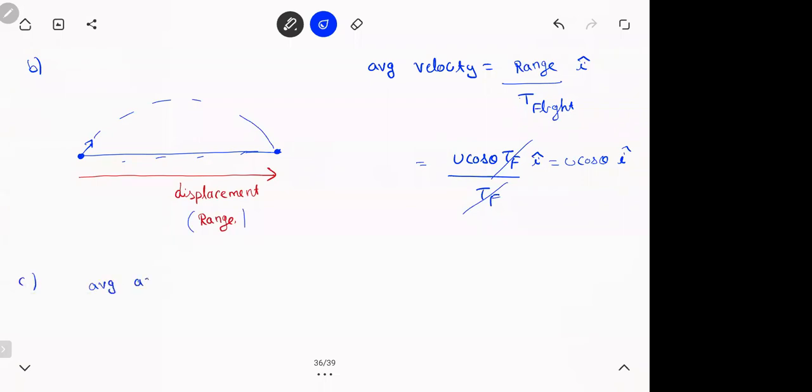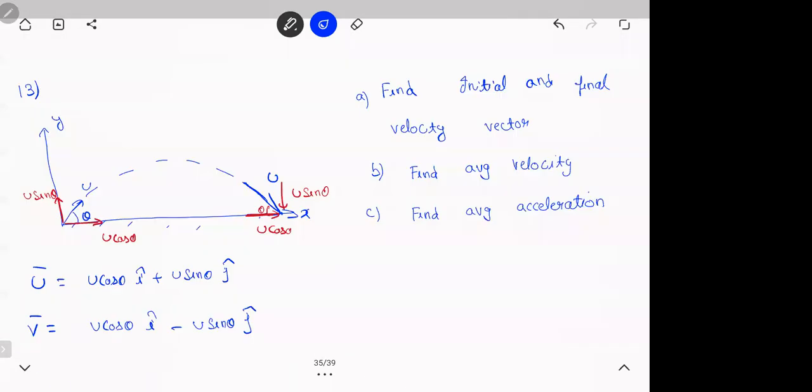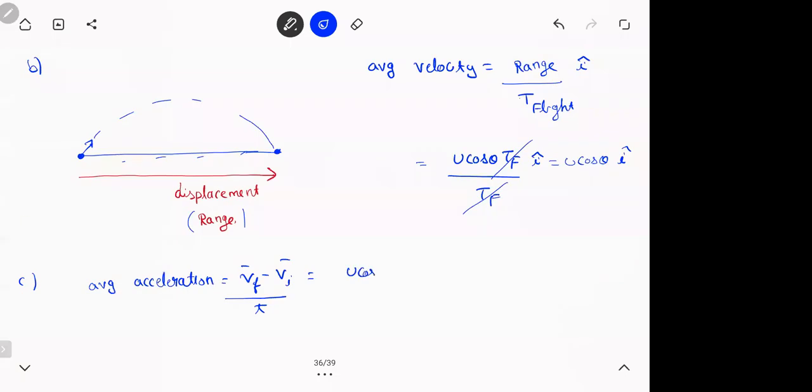Average acceleration is final velocity minus initial velocity by time. We have done all this in 1D. What is V final? We just derived it: u cos theta i cap minus u sin theta j cap. This is the final. Minus u cos theta i cap plus u sin theta j cap, this is your initial, by time.